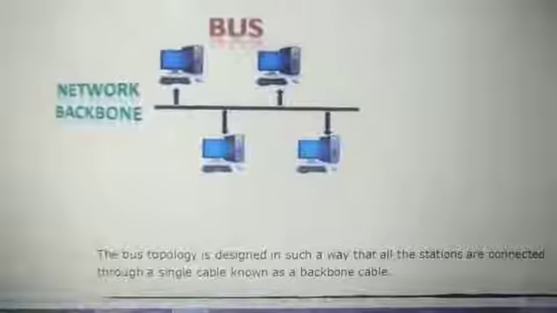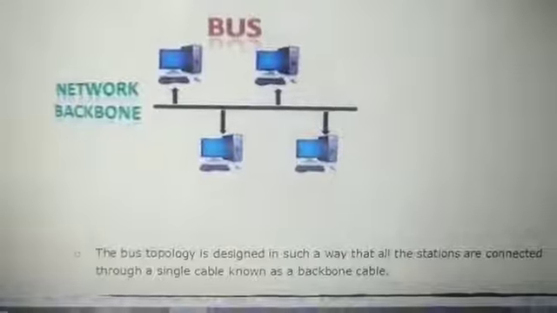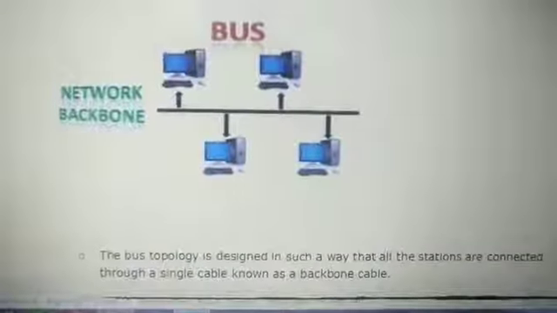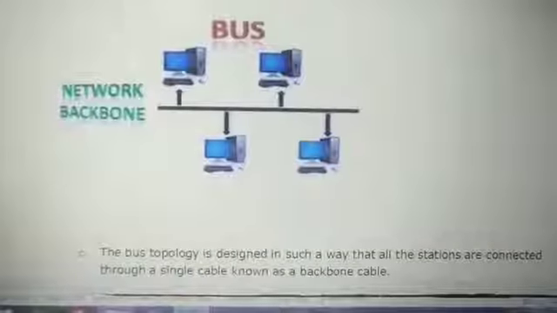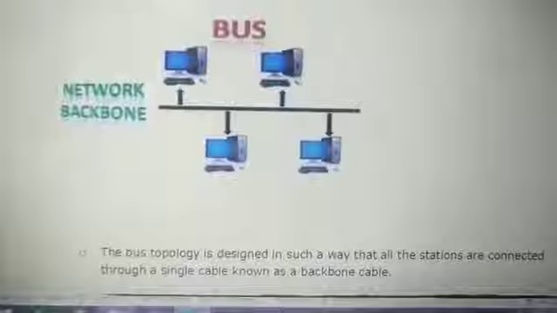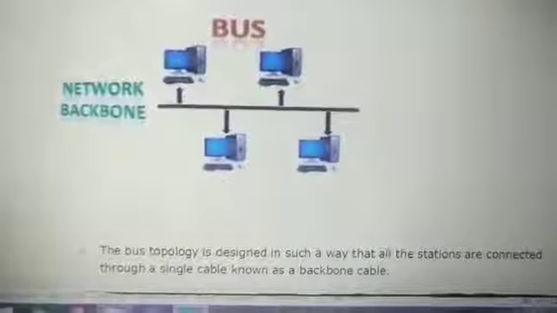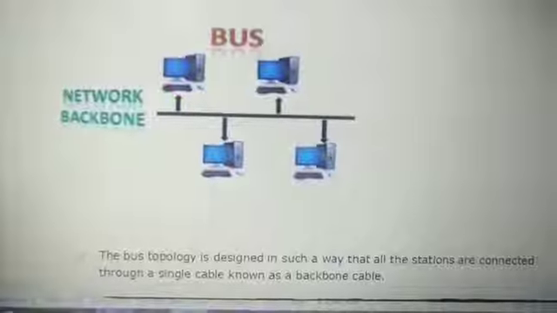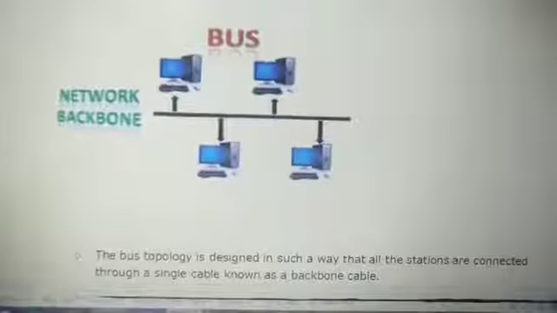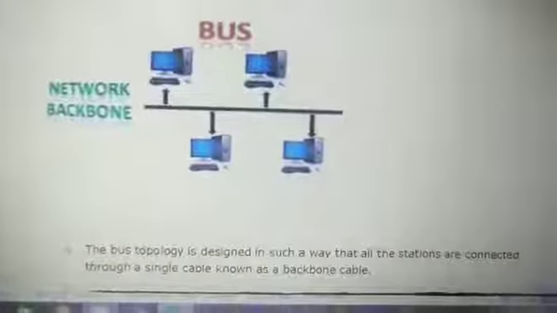This drop line is a connection running between the devices and the main cable, and the tap is a connector that either splices into the main cable or punctures the sheathing of the cable to create contact with the metallic core.